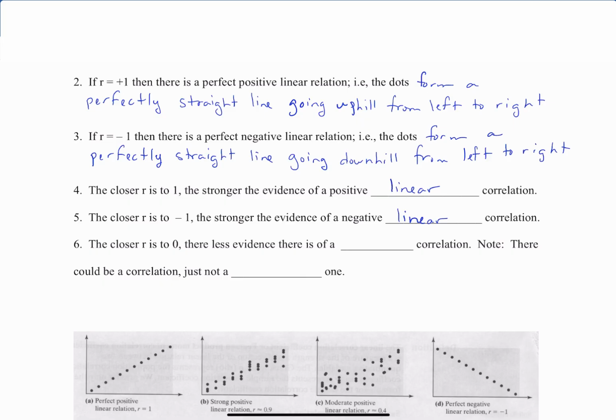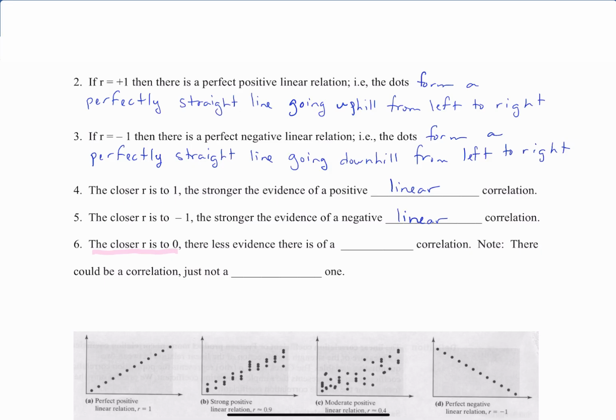Now, the further you go towards the middle, away from 1 or -1, remember the r is always between 1 and -1, but the further you get towards the middle, so the further away you are from 1 or -1, which I described in the notes as being closer to 0, because of course that's right in the middle of 1 and -1.